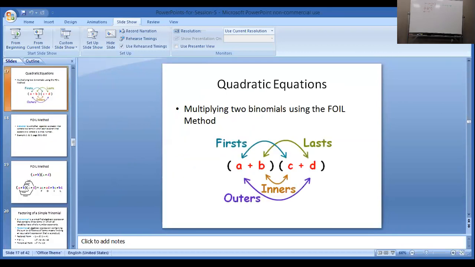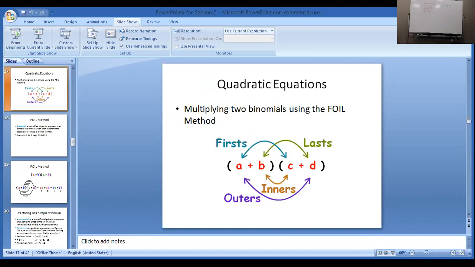All right, we come to quadratic equations, multiplying two binomials using the FOIL method. It's basically (a plus b) times (c plus d), as you can see in the PowerPoint. You take a, the first, times c, and a times d.